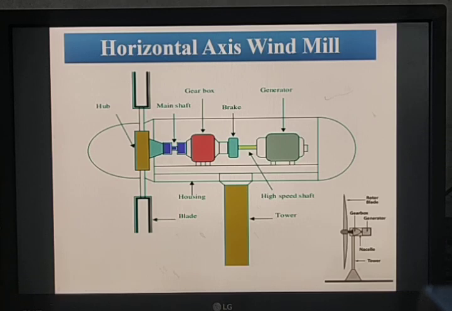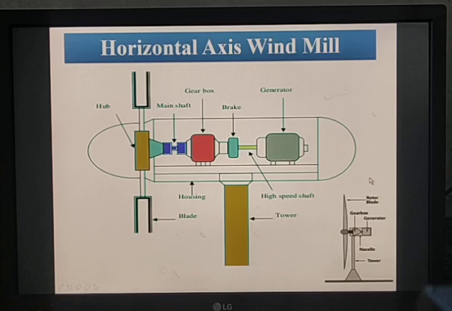The energy generated is fed to the utility grid or to energy storage, such as a DC battery connected externally via an AC to DC converter. Here, this is the horizontal axis windmill. The structure is tall, so for that purpose the tower is placed. The wind blades rotate only in one direction at a time.